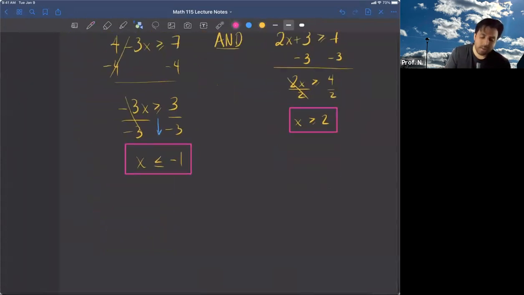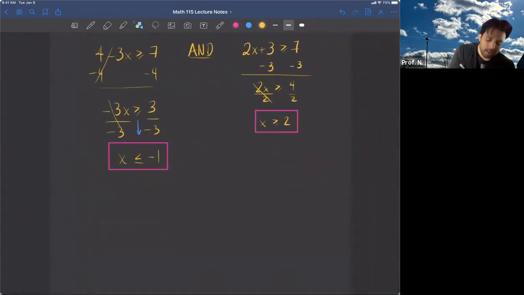Correct? So now look what I have. I have two inequalities. And what I'm going to do is graph them on the number line. So one of them says negative 1. I'm going to include negative 1 and shade everything to the left of negative 1.